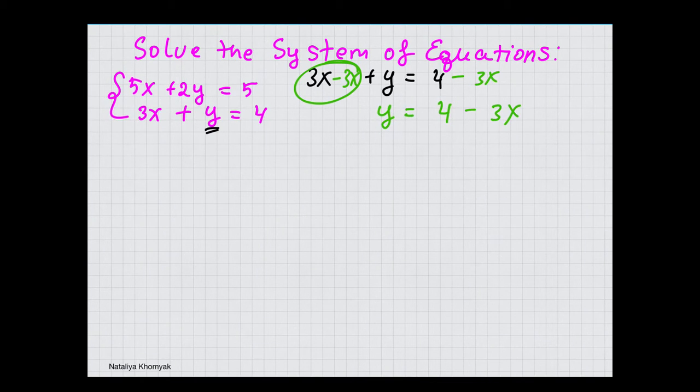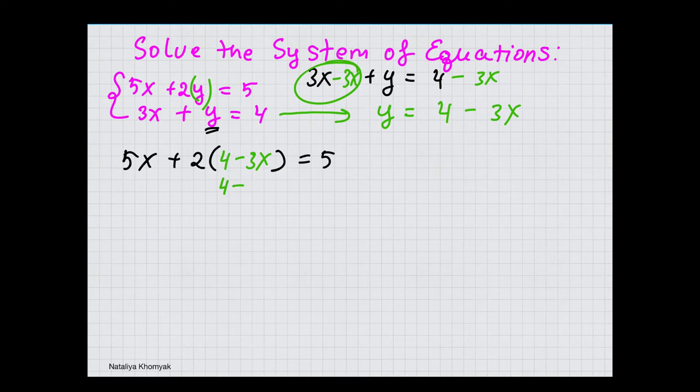Now I solved for y from the second equation, so I'm going to substitute what y is into the first equation. So let's copy the first equation. We have 5x plus 2y equals 5. And let's substitute what y is, which is 4 minus 3x. And now we can solve for x, because we only have one variable in this equation.